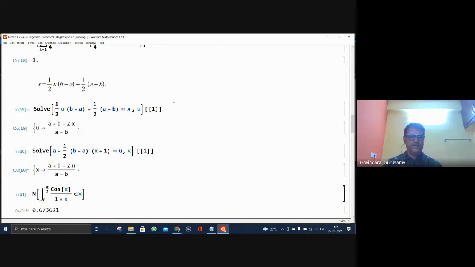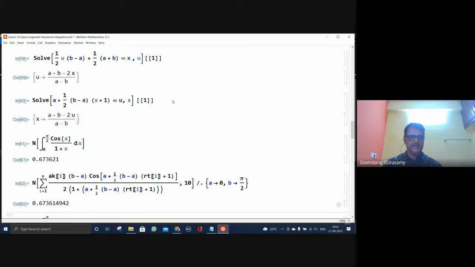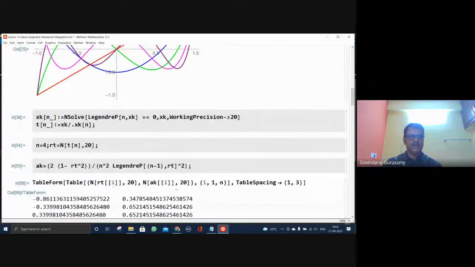Numerically integrate: you have this, substitute that and simplify. You have 0.6736149, and maybe you can have larger integers here. And then check now. 66736. Instead of 2, 1, I have something else because I have limited it to 4 only.